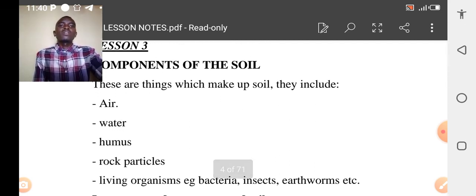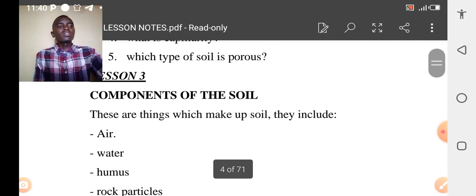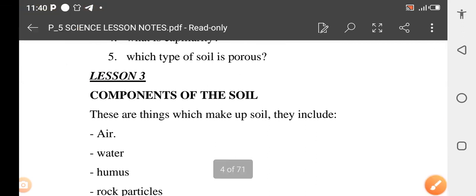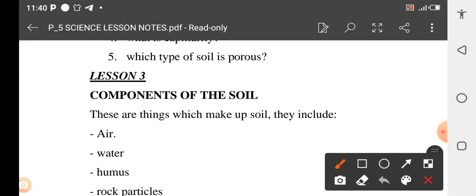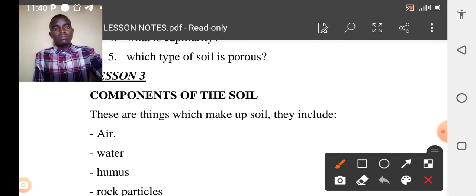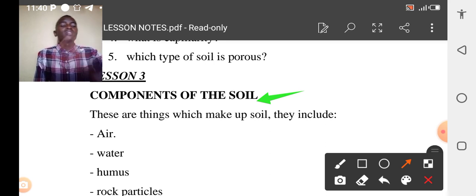We have finished lesson 1 and lesson 2, and we are now on lesson 3.